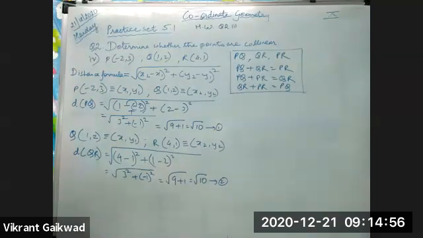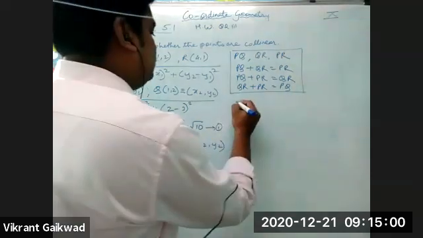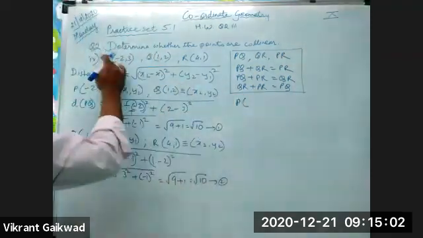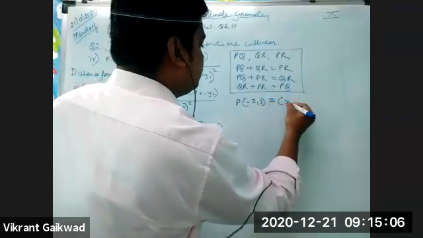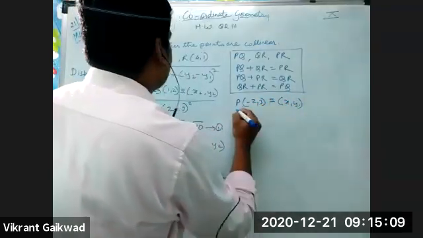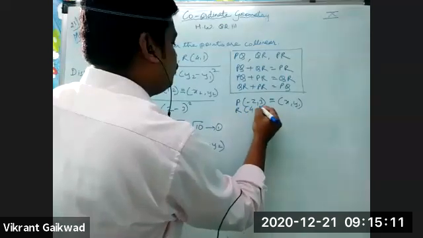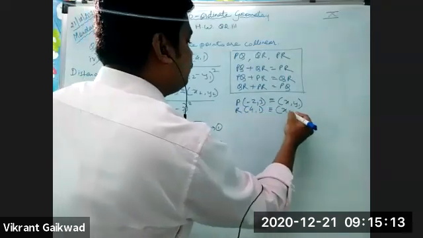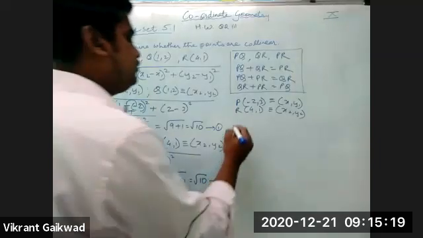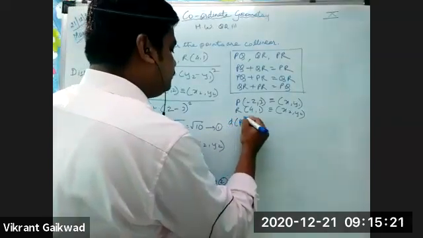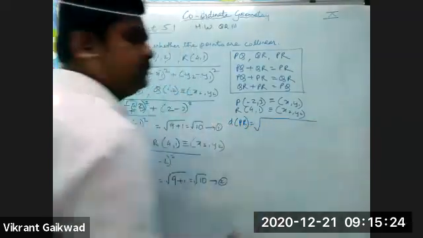Now you'll find the last side. The last side is PR. P is minus 2 comma 3, equivalent to x1, y1, and R is 4 comma 1, equivalent to x2, y2. Now you will find the distance PR. Just substitute.